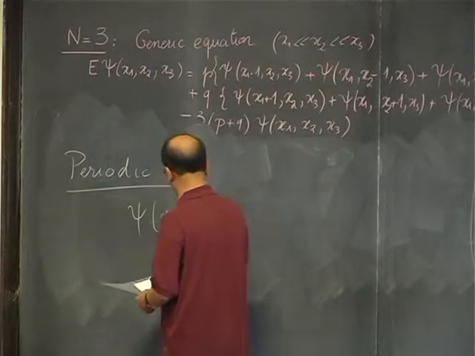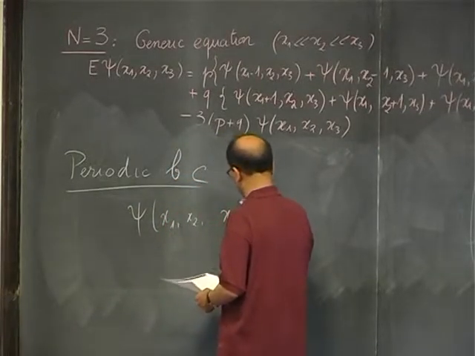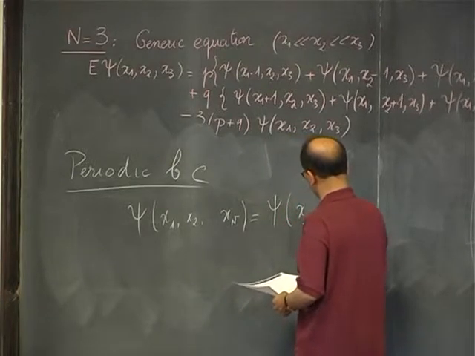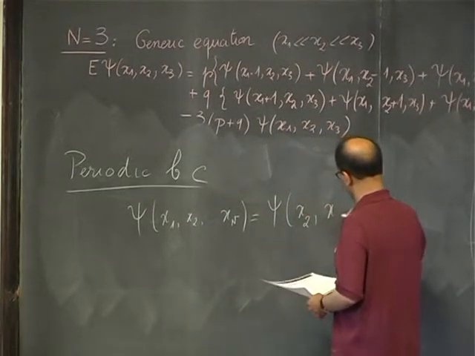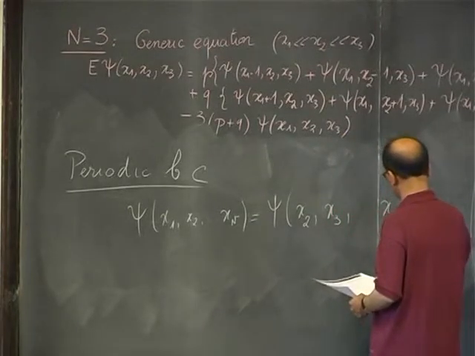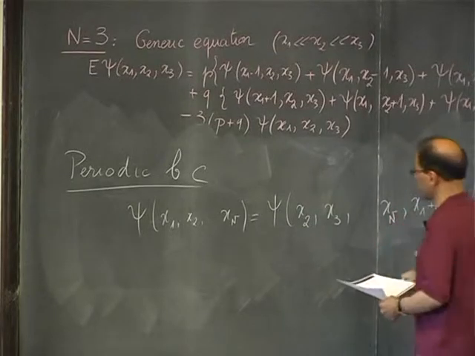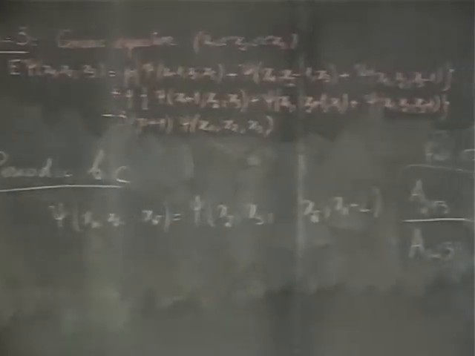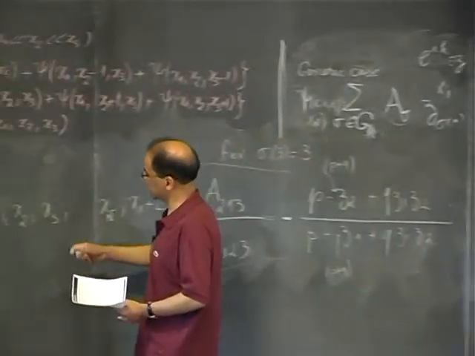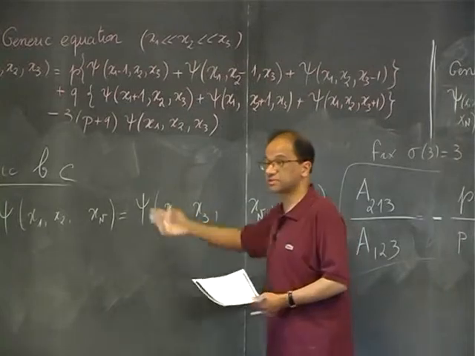So psi of x1, x2, xn can be obtained by making x1 go through the site number L. So this is one way of writing the periodic boundary condition. Maybe yesterday I just changed the names and I called that x1, x2, but these are dummy variables. But it's just the same.